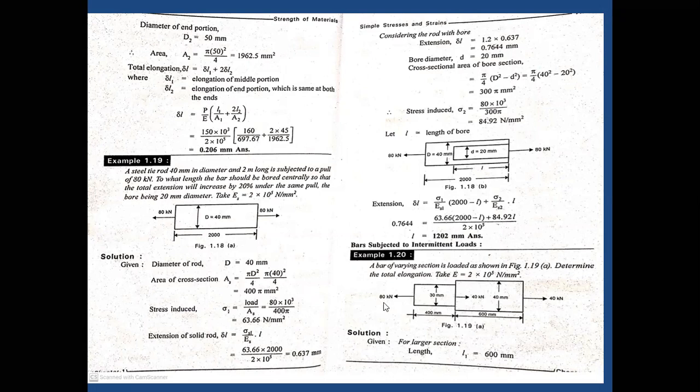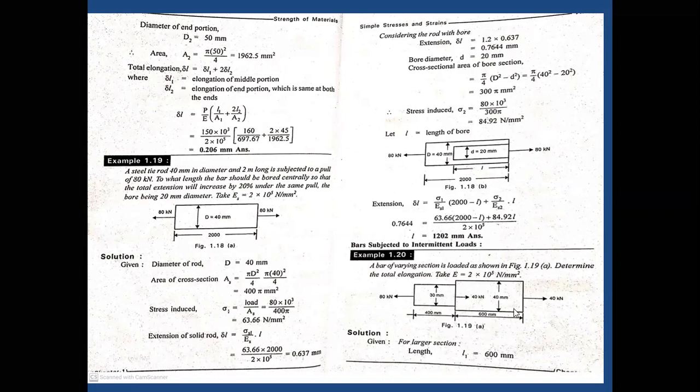So 80 kilonewtons is acting on the left side, and 40 kilonewtons is acting on the right side. Along with the 40 kilonewtons, one more load is also acting in this direction. So 40 plus 40, 80 kilonewtons, is balanced by the left side of the portion.